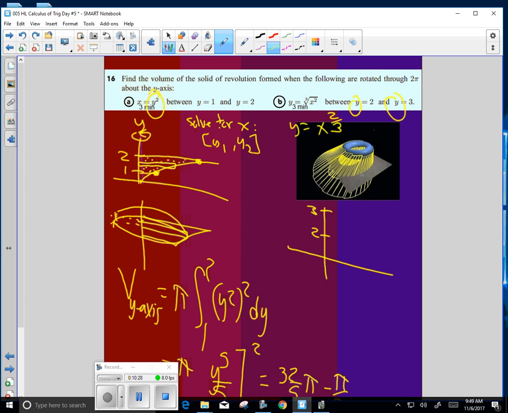So we need to change this so it's x equal to something y. So what's x going to be equal to? If it's x to the 2/3, we're going to get this to x if we take it to the what? 3/2 to both sides. Just take the 3/2 to both sides. Do you see how that cancels? So you get y to the 3/2.